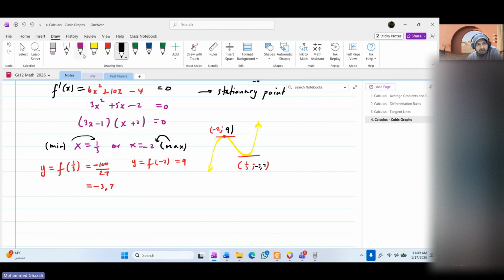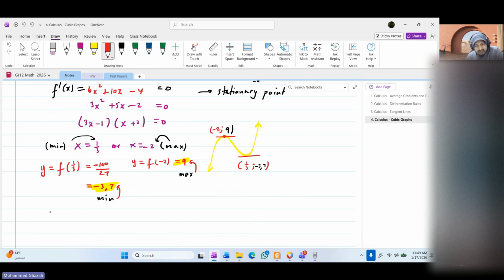And now you can clearly see if you compare these two values, negative 3.7 and 9, 9 is the maximum and negative 3.7 is a minimum. You can see minimum, and this is also a maximum, which confirms our original idea. So anyways, those are the two coordinates.